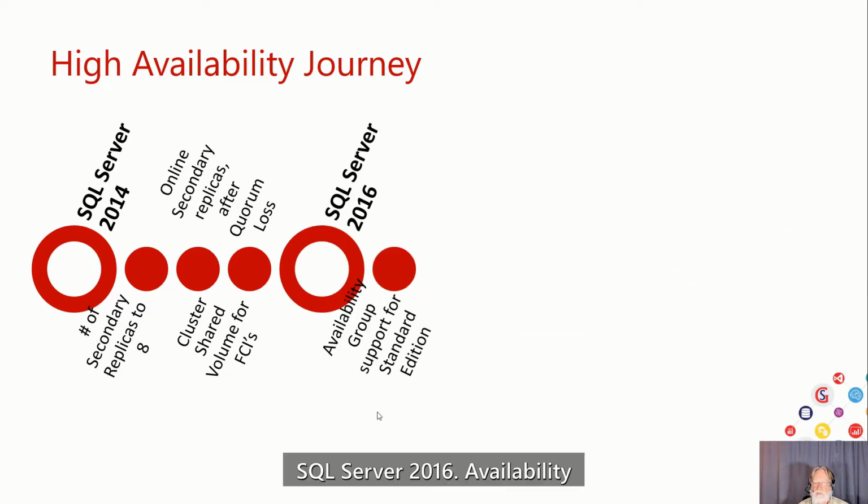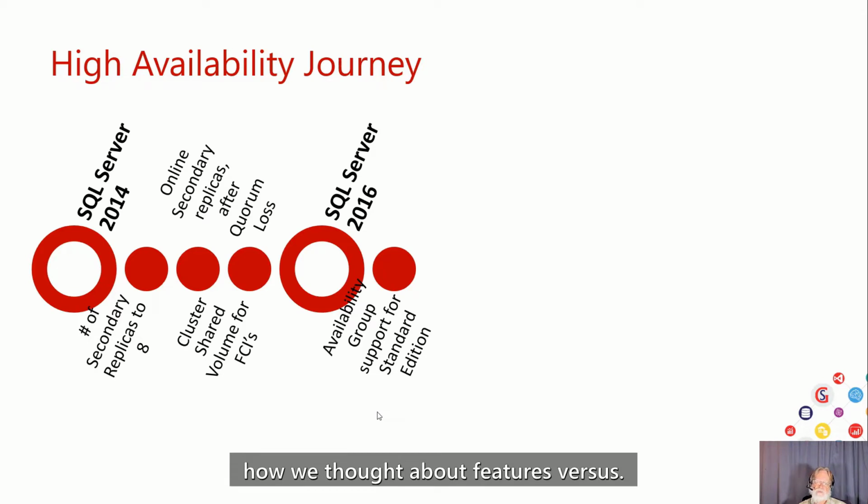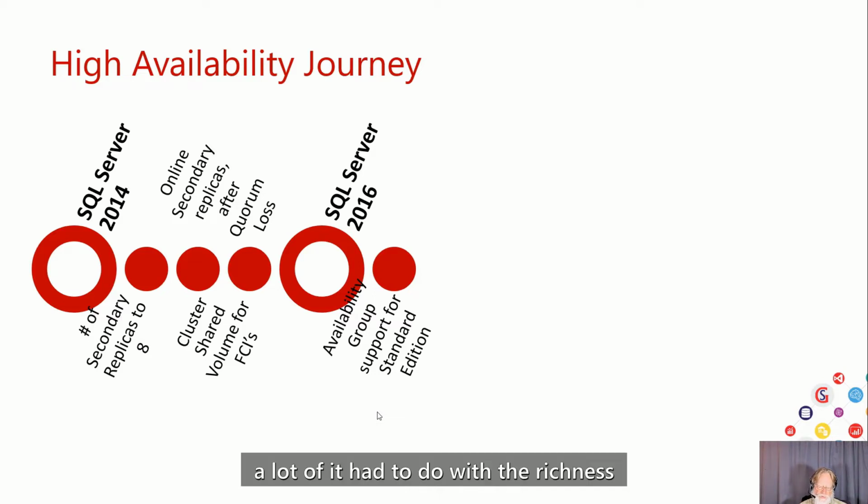SQL Server 2016, availability group support for Standard Edition. With 2016 SP1, we made a significant change in how we thought about features versus editions. Previously, the differentiator between Standard Edition and Enterprise Edition had a lot to do with the richness of the feature set.